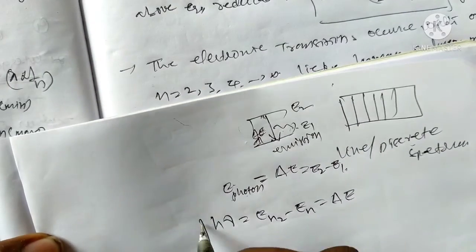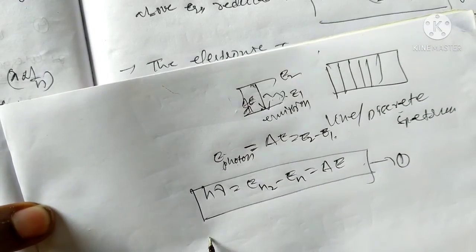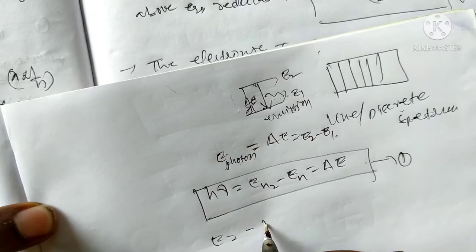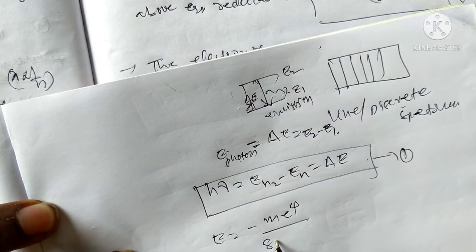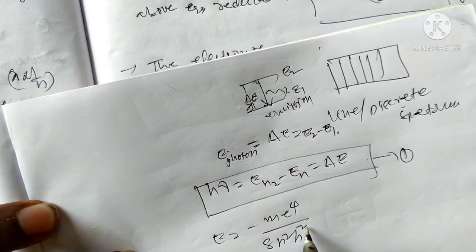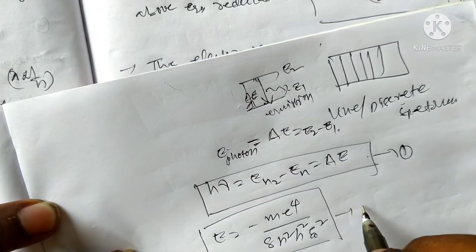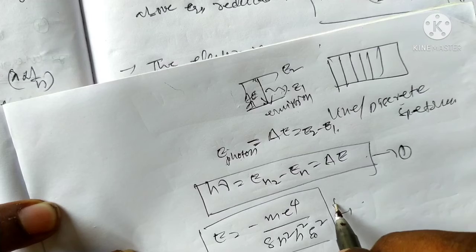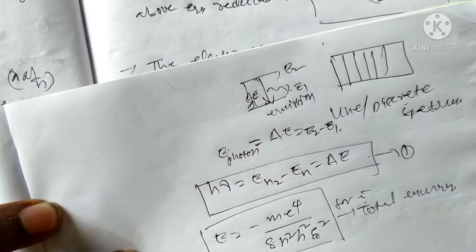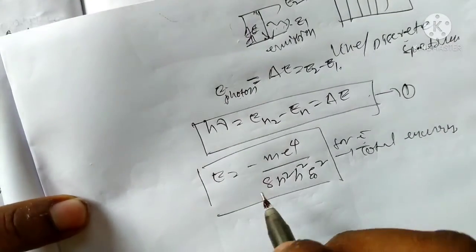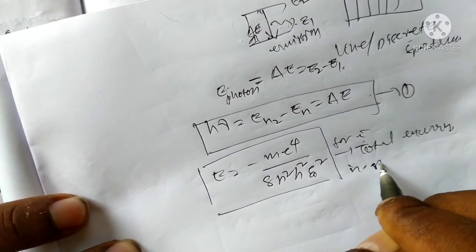This is equation number 1. We know the total energy of the electron is minus m e to the power 4 by 8 n square h square epsilon naught square. This is the total energy of the electron, for all states, for n states.